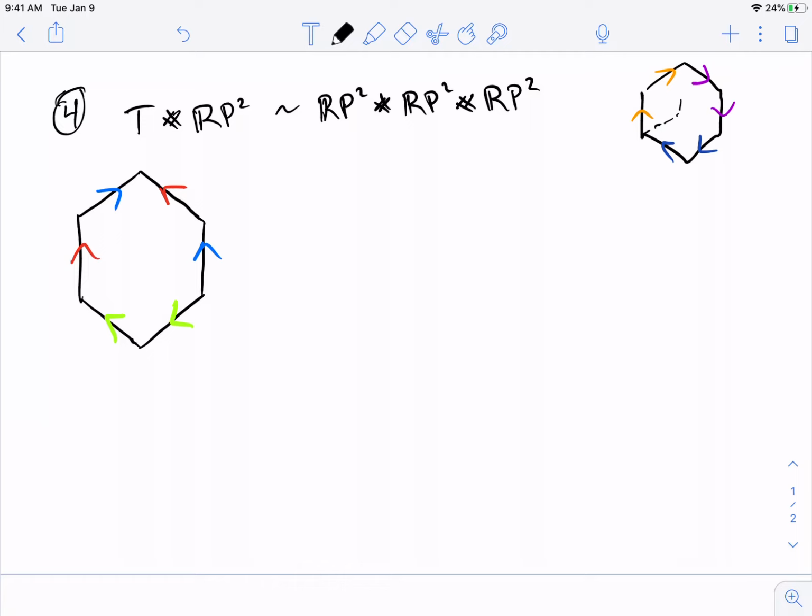And so here you can see each of these is an RP2 connected sum. People have asked, does it matter what order we do these connected sums? And it turns out it doesn't. I tend to go clockwise around my polygon, and I just draw all the edge identifications of the first RP2, then the second, then the third, etc.